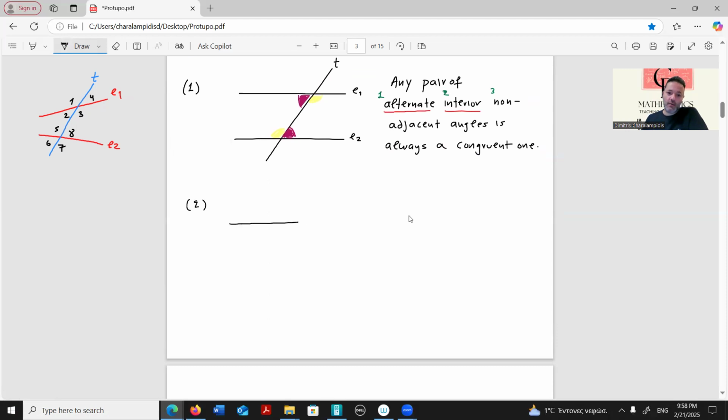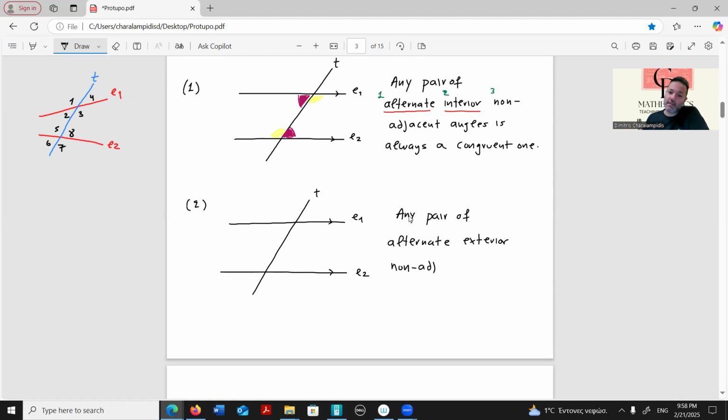Let me draw again, L1, L2. Remember that we use the arrows to denote the fact that they are parallel, L1 and L2, and then we have a third line T. Any pair of alternate exterior this time, but still non-adjacent angles is always a congruent pair.